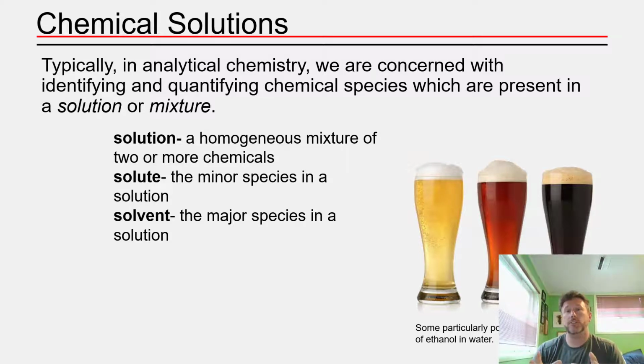And since concentration of solute in solution maps so nicely onto concentration of analyte in the sample, we're going to look now at several different definitions of concentration units and talk about how they would be used in an analytical chemistry context, how they're defined, and ultimately how we can interconvert between them.